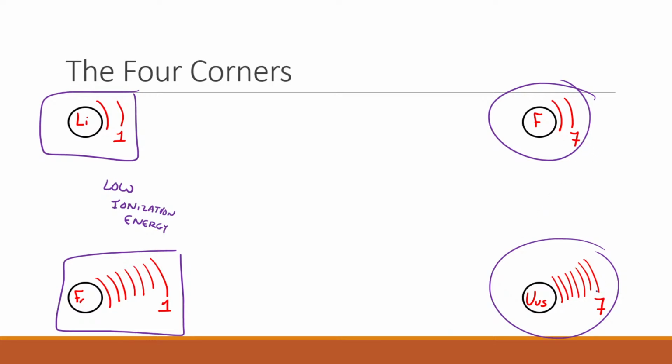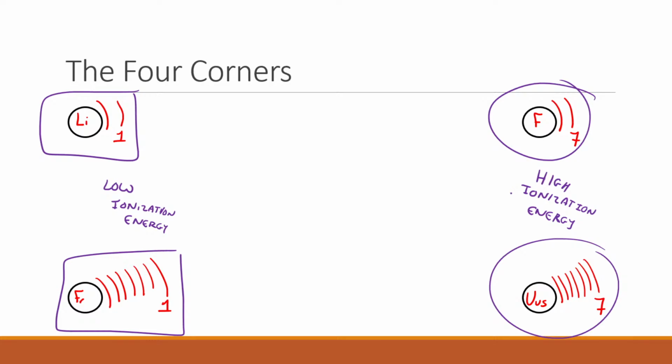They want to gain. It is going to be difficult to make them lose electrons. It is going to be difficult to take away the electrons from these two elements, and so they have high ionization energy. They want to keep their electrons, and on top of that, they want to gain more, right? They want to gain more electrons.